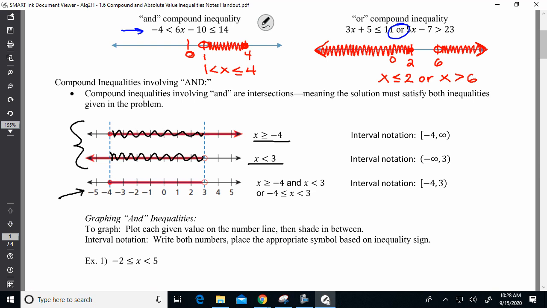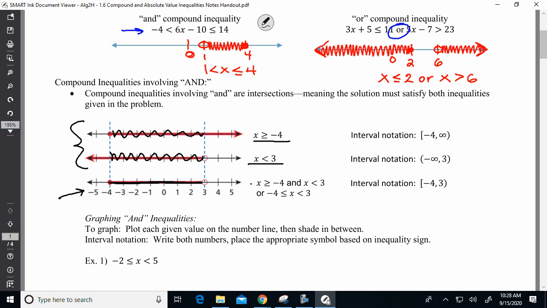So you have x is greater than or equal to -4, going to the right, from left to right. X less than 3, going to the left. That's the part that overlaps. So all of your answers would be in that one little strip. For an "and" inequality, all of your answers are just those values that work for both inequalities.